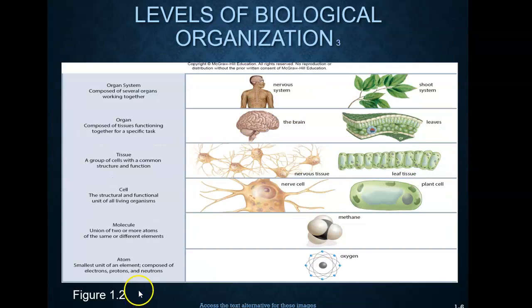So let's begin with the atom, at the bottom of the screen. It says that the atom, or element, is the most basic unit of matter. I didn't say life; I say it's the most basic unit of matter. The atom is composed of protons, neutrons, and electrons.